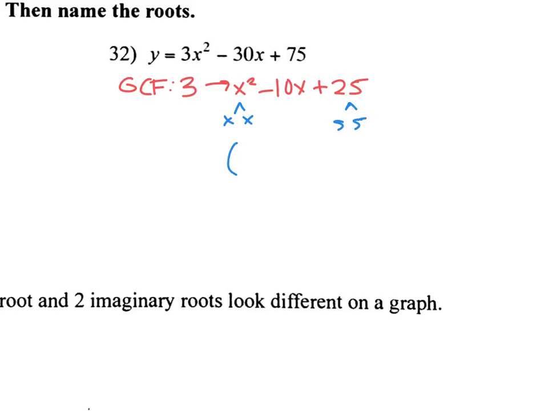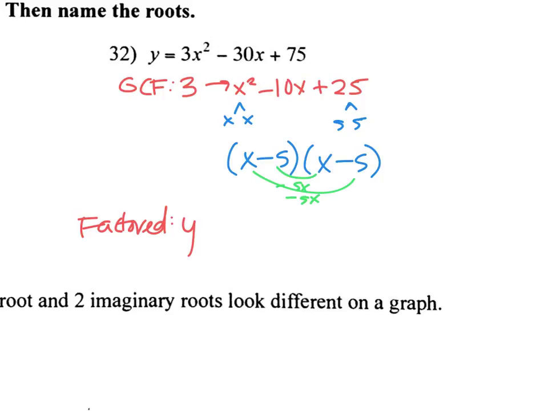I want it to give me negative 10, so I'm going to do x minus 5 on both of these. And then if I check that real quick, this is negative 5x twice, which gives me negative 10. So I know that my factored form is going to be y equals 3 from the GCF, x minus 5, and you can either write it twice, or you can put the squared, it doesn't matter.